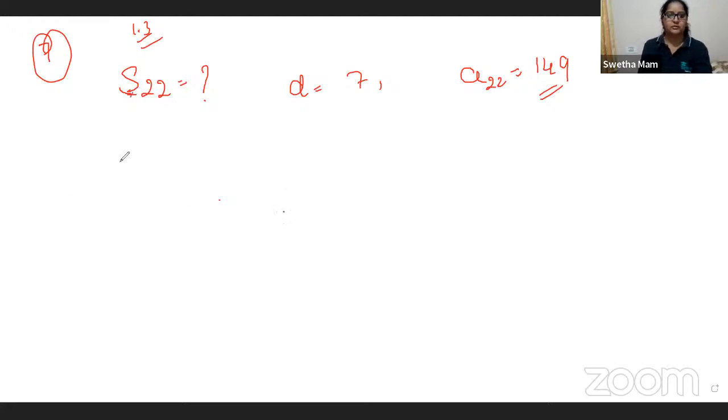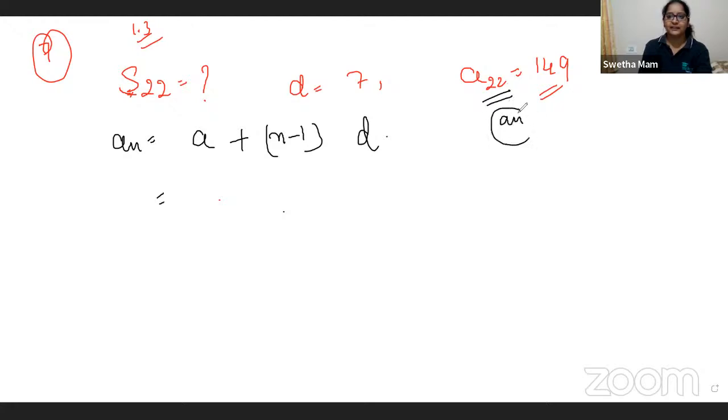Okay. So use the formula. An is equal to, we don't have a here, so we can't use the Sn formula directly. So An is equal to a plus n minus 1 into d. Take this as An, A22. So n is equal to 22. Correct?